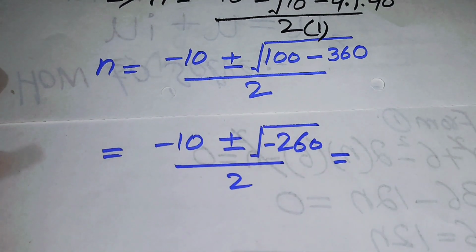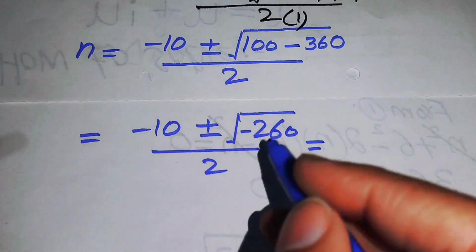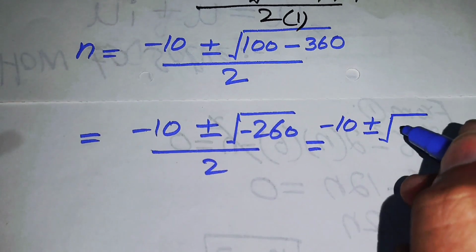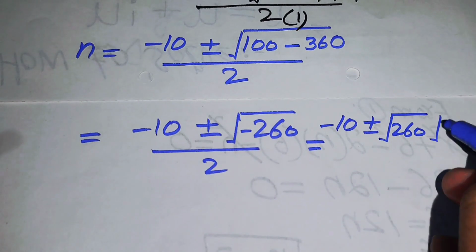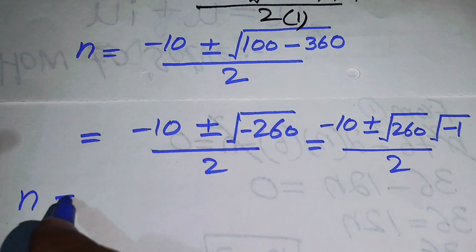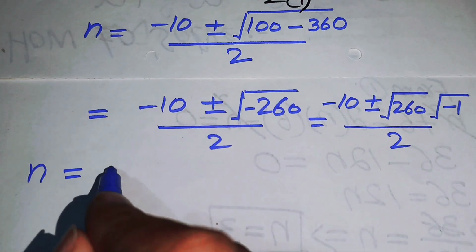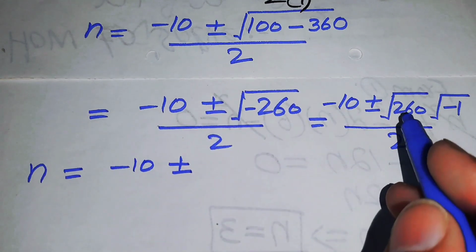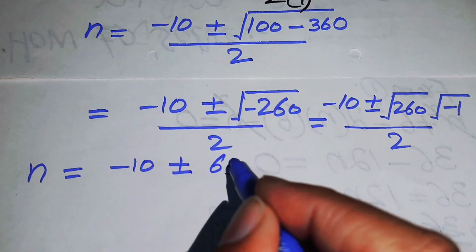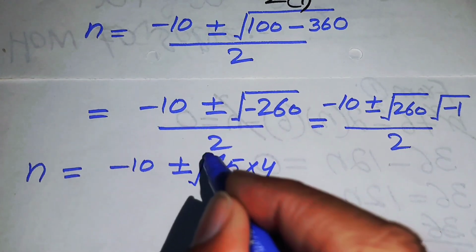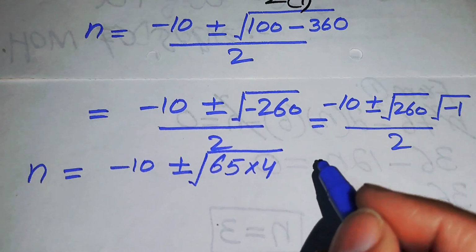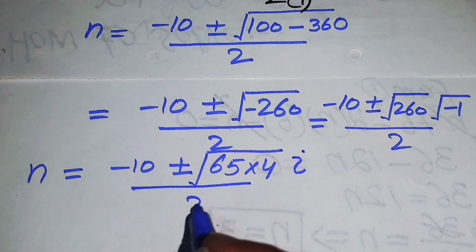So here we separate the square root of both of the terms, and you get minus 10 plus minus square root of 260 multiplied by square root of minus 1, and whole over 2. So here we get n equals minus 10 plus minus, here we write this 260 as 65 times 4, because when you multiply 65 times 4, you get 260, and you know that square root of minus 1 equals iota, and this whole over 2.